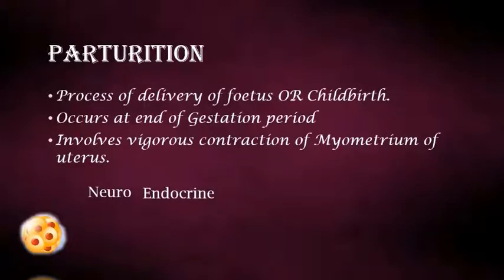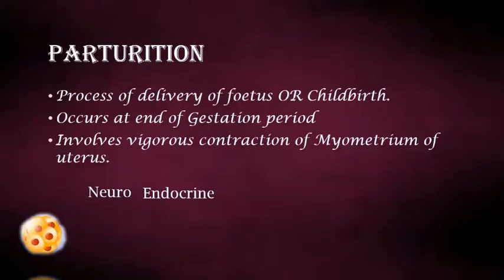Before we are able to understand this, let's recall that the myometrium in the uterus is a muscular layer. It is the middle layer in the wall of the uterus, and this is the layer which contains muscles which produce contractions that result in parturition.